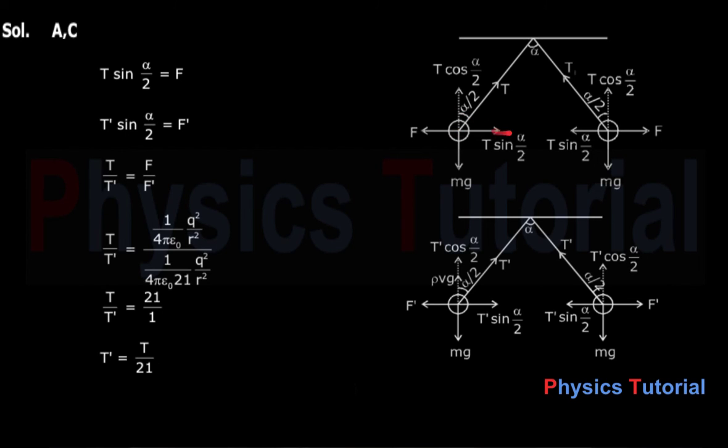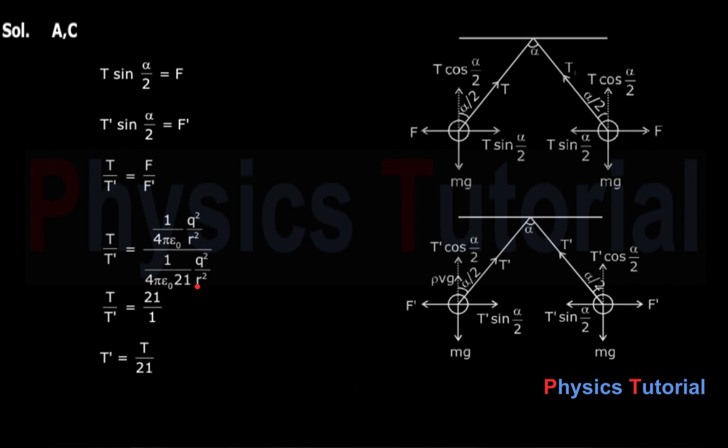So it's a very common problem. So T sine alpha by 2 is equal to F, and T dash, that is what we say in another situation when it is immersed in liquid, T dash sine alpha by 2 is equal to F dash. So here you can use this for the two different cases.